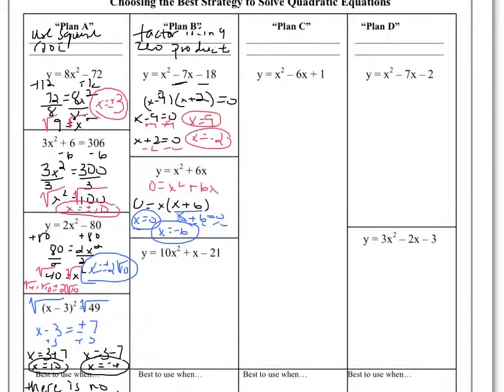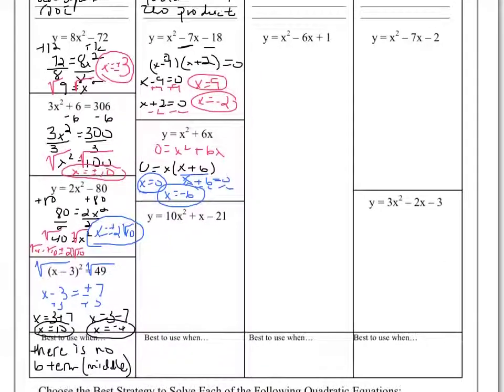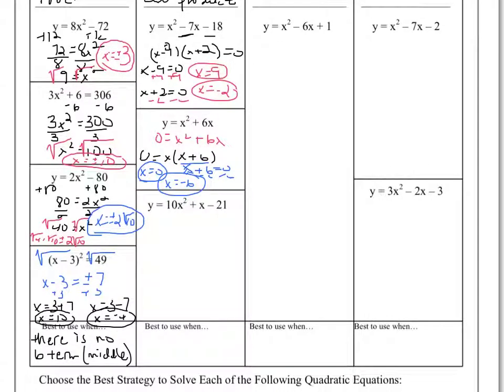All right, for the last one, I'd like you to pause the video for a moment. So we see here that we're using a trinomial, so let's try and factor this trinomial. Okay, so here we want two numbers that multiply to -210.